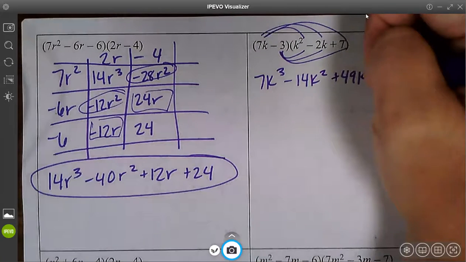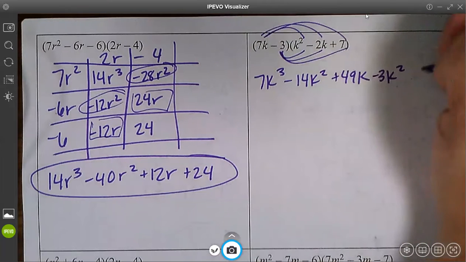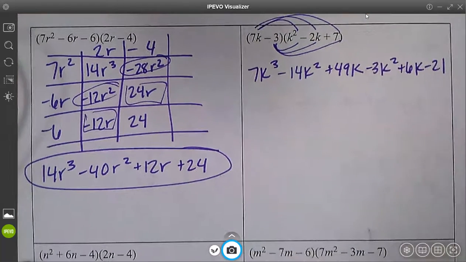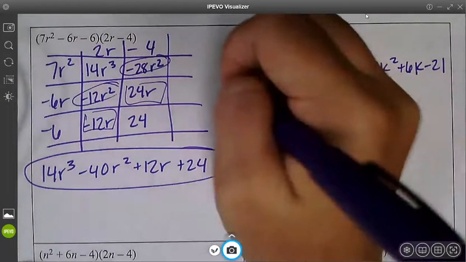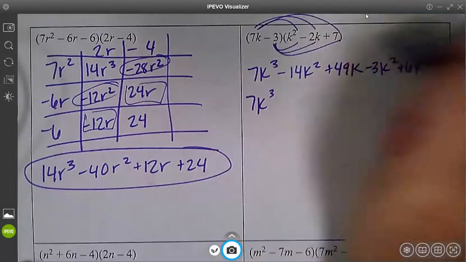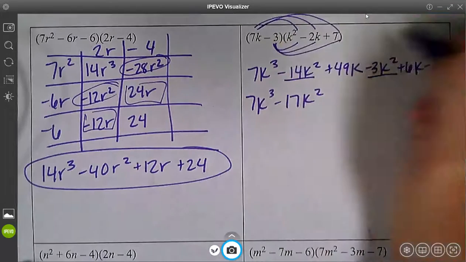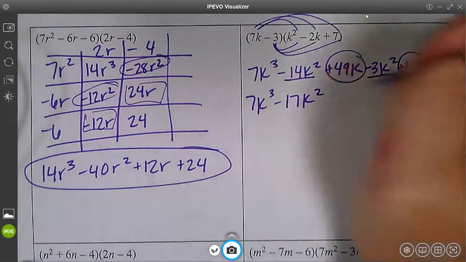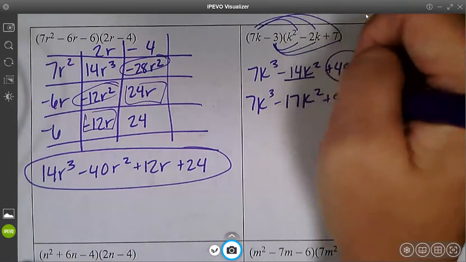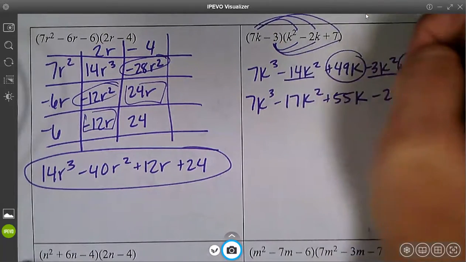Taking your negative 3 in, negative 3k squared, plus 6k minus 21. Combine your like terms, 7k cubed. Negative 14 minus 3 is negative 17k squared. 49 plus 6 is 55k, and then minus 21.